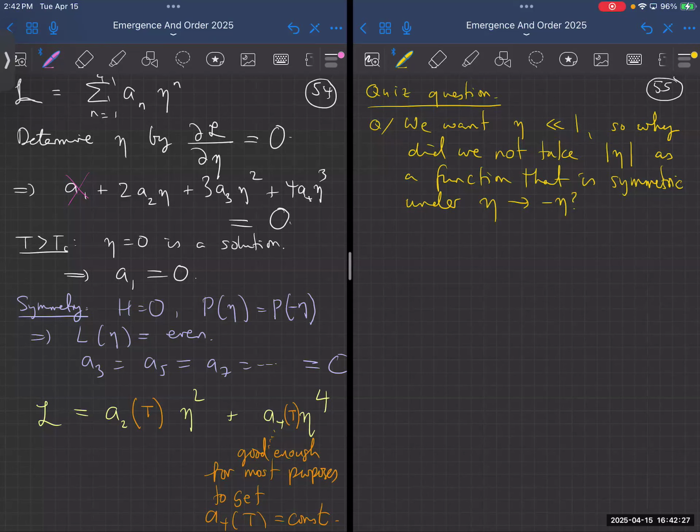You could have said, well, we want an even function. I can write down an even function that is lower order, the leading order compared to eta squared, which is the absolute value of eta. Remember, the smaller eta is, the lower order terms you want to be important. So the linear term you would think would be the one you would need. And so why didn't we take the absolute value of eta? That's the obvious thing to take, but we didn't do it. I just pulled the wool over your eyes and said we start with eta squared and eta to the fourth. Why couldn't we have done that?